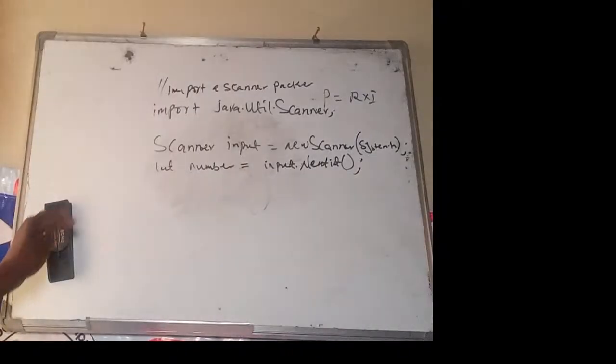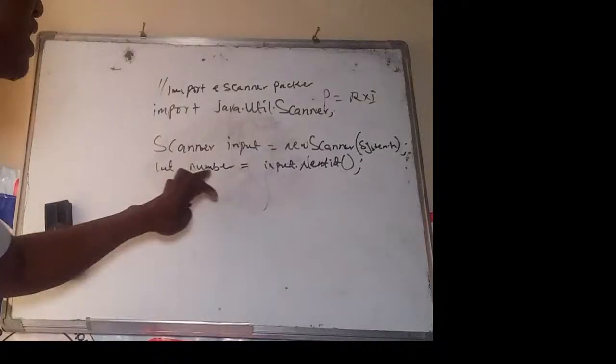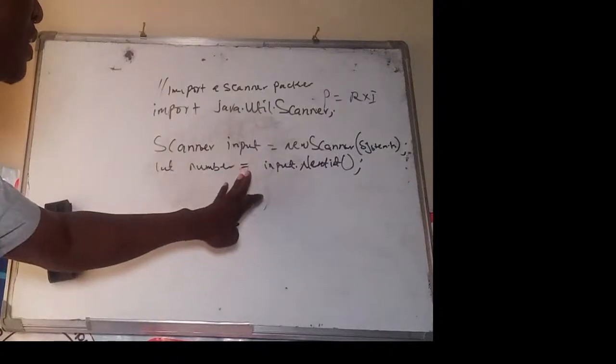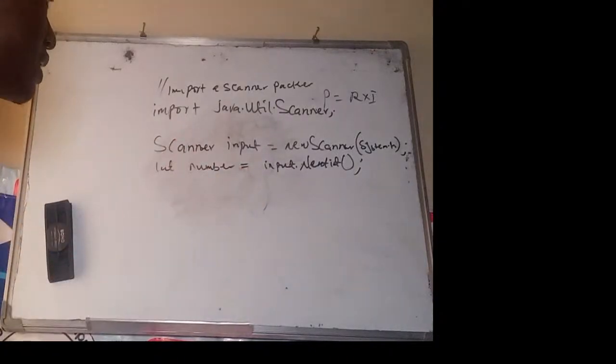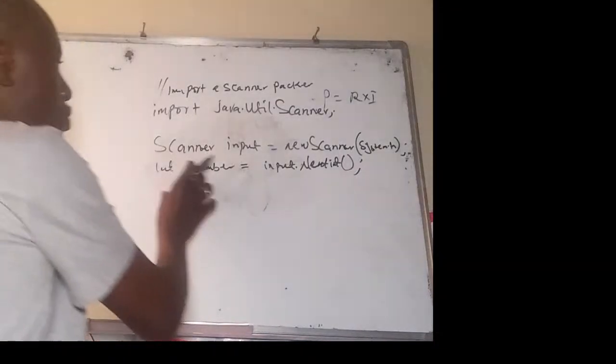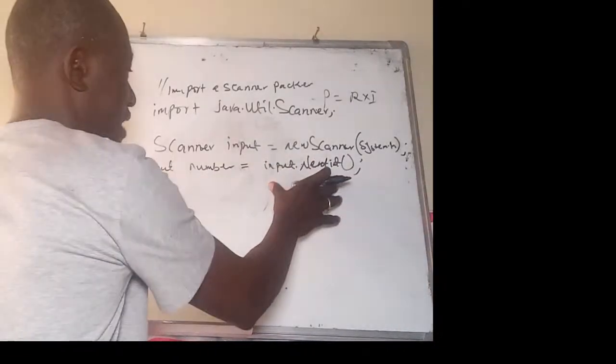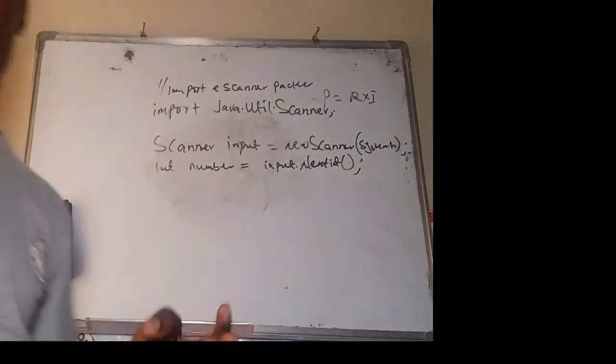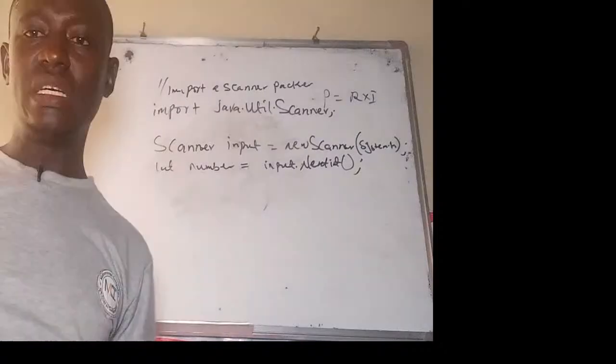So with this now, you can insert any input statement, but the problem is this will allow you to insert a statement at a blank space. This is what it is going to allow you to do.